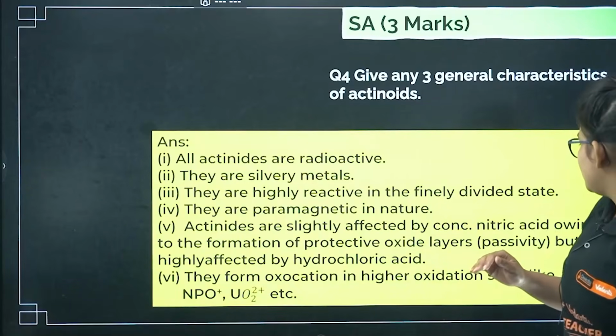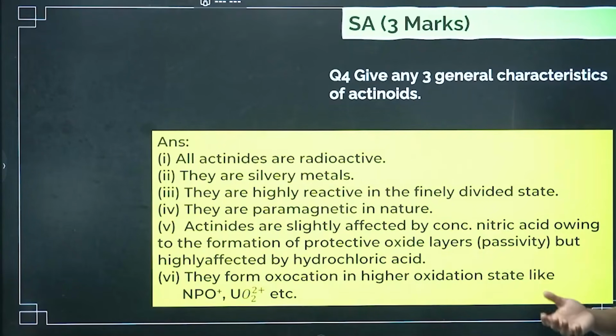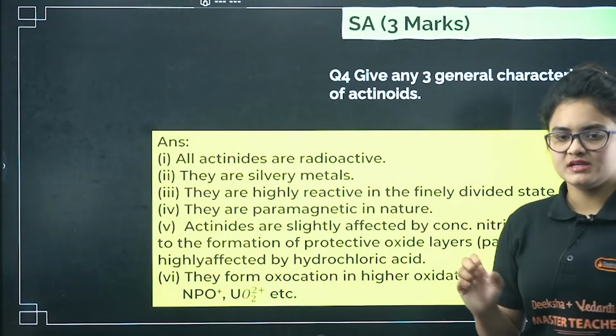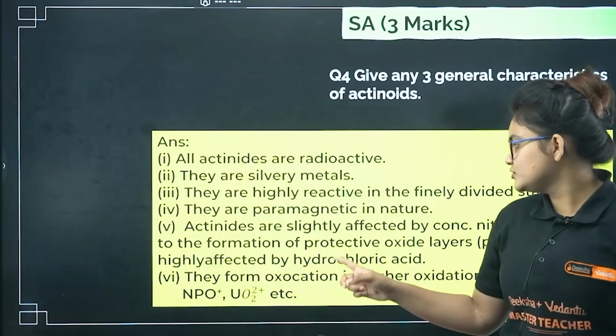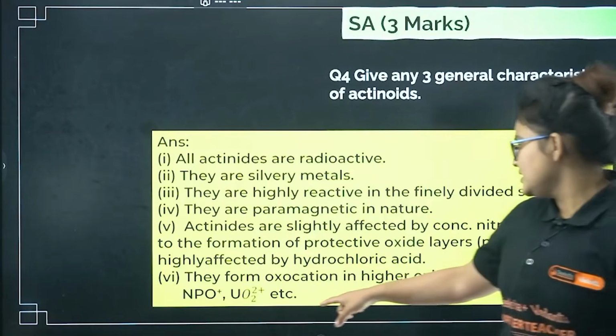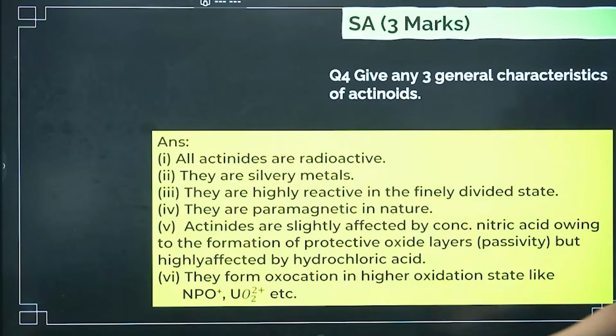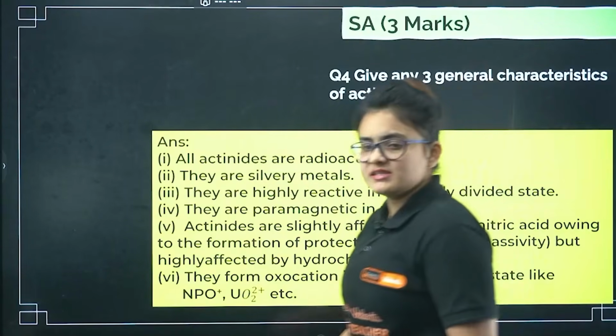Okay, so that basically creates some passivity, right? And they can be highly affected by hydrochloric acid. And oxocations they used to form, as you can see, neptunium with oxygen, NpO2+, it is an oxocation. Okay, so I guess it's clear to you.